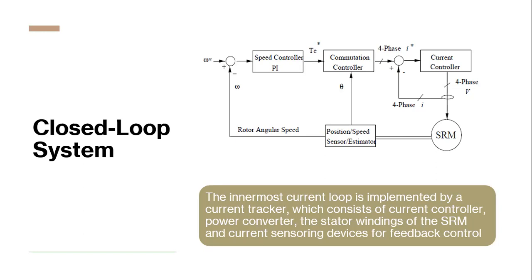This signal goes to the commutation controller, which determines which phase to energize. After the commutation control we also need a current controller, because the current is used to energize the phase. So the innermost current loop is implemented by a current tracker, which consists of the current controller and power converter feeding the stator winding of the SRM, and a current sensing device for the feedback of this controller. Position sensors are also used for the commutation controller.